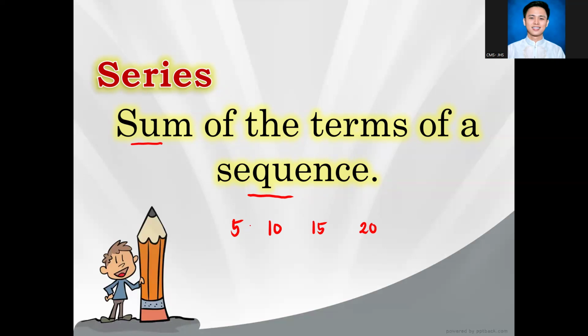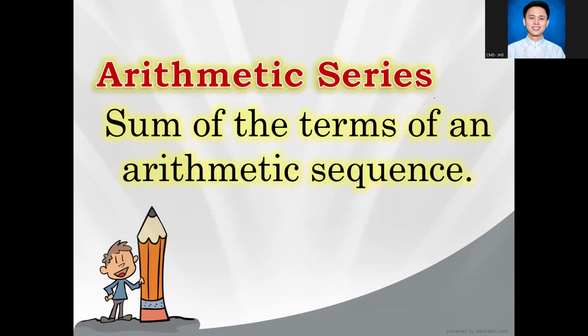Whenever we add the terms, then we are referring to a series of the terms already. Okay? So again, series is the sum of the terms of a sequence. Whenever we add the terms, we are pertaining to the series or their sum. Clear?